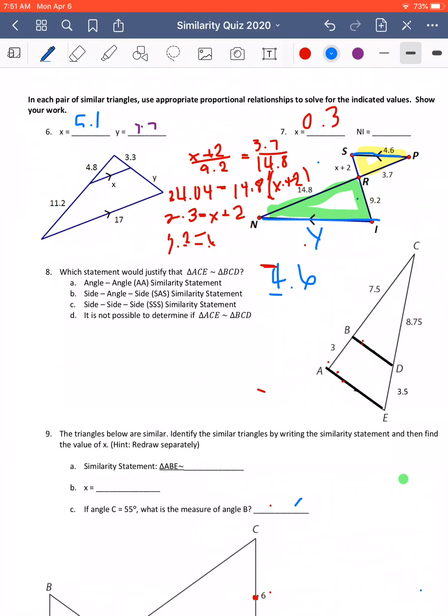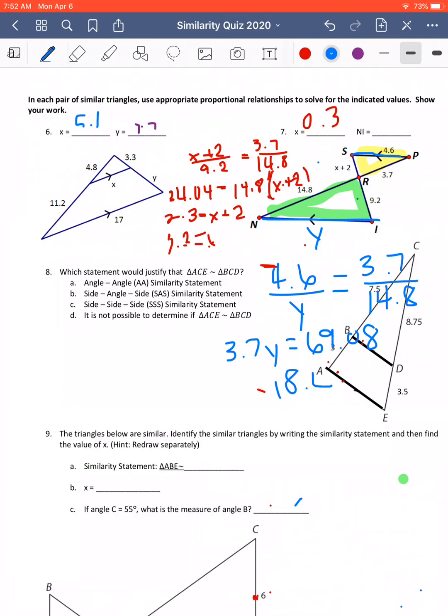This is just one way. 4.6 over y, small triangle over big triangle, equals 3.7 over 14.8. So I'd have 3.7y equals 14.8 times 4.6, 69.08, and then divide by 3.7, and I would get 18.4 for the measure of NI.